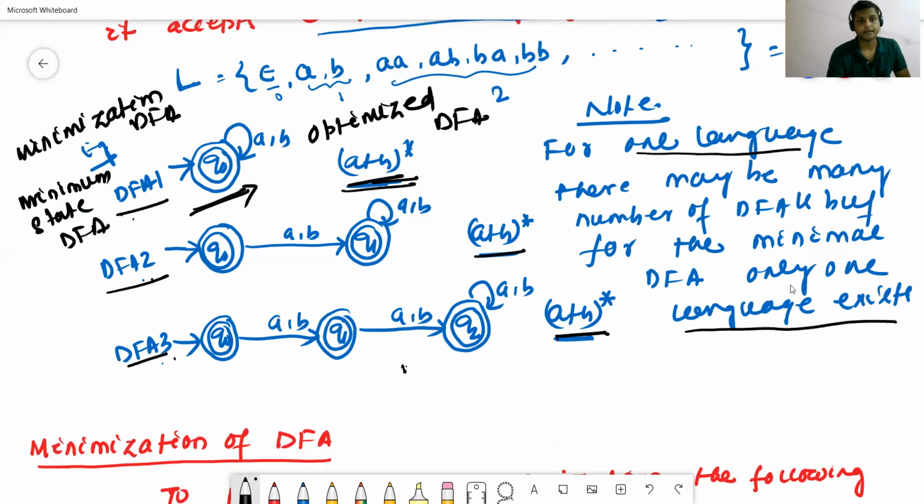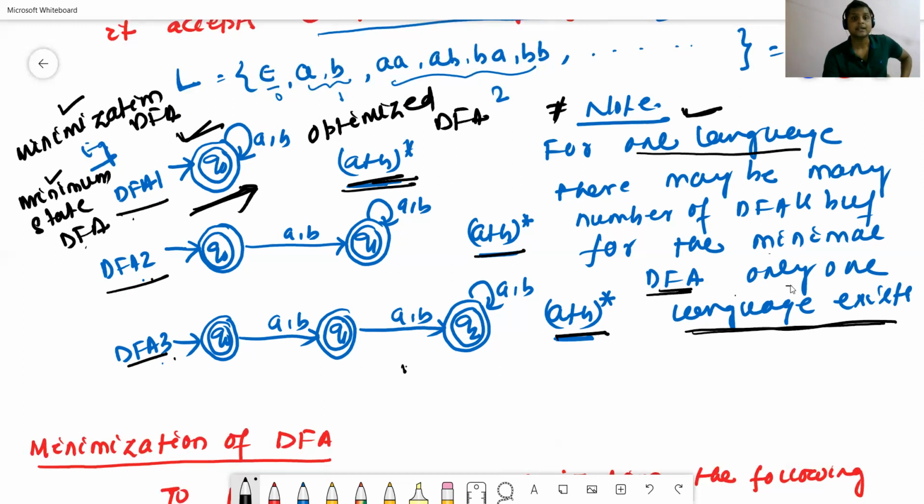Either we can say optimized DFA, or minimization DFA, or minimum state DFA. This DFA is called optimized DFA or minimization DFA or minimum state DFA. Okay, so for one minimal DFA, only one language exists. This is a very, very important note point.